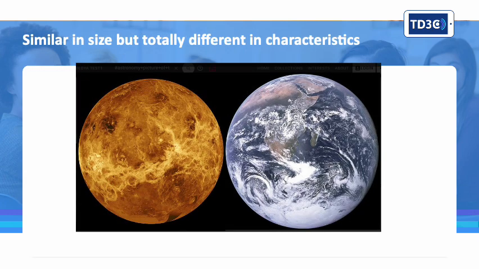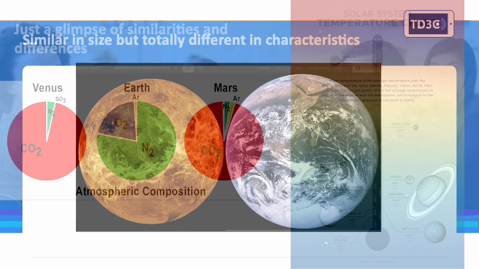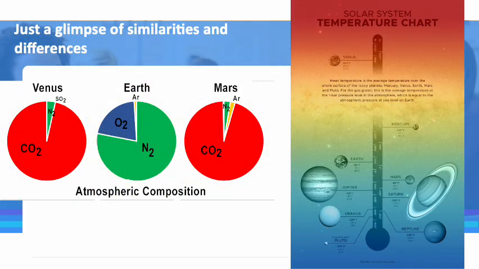So you can show in this image that they are similar in size, but they are totally different in terms of the characteristics that they possess. You can see here, for instance, the average temperature of the different planets on the right.